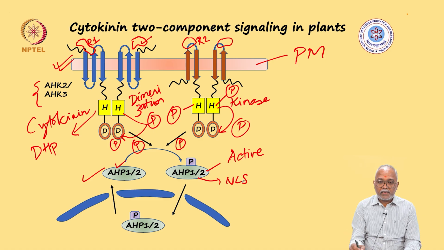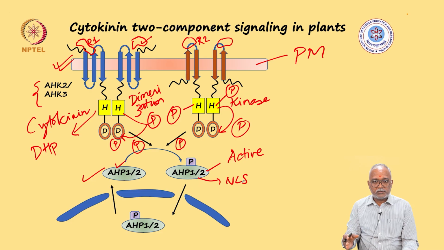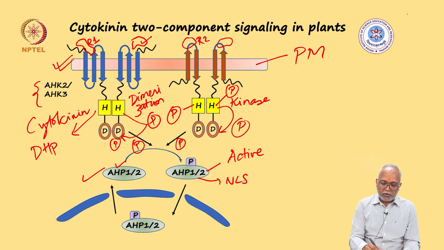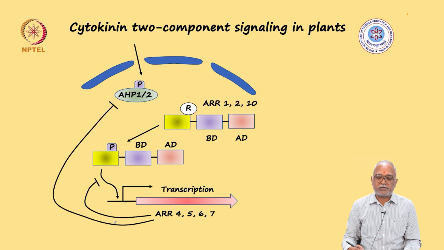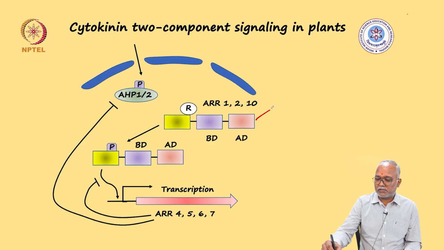But the signaling does not finish here by virtue of the histidine phosphotransferase moving into the nucleus, because you remember that signaling moves from histidine to aspartate, aspartate to histidine, and the final response regulator or master regulator must receive this phosphate to culminate the signaling process. So your histidine phosphotransferase has moved inside, and then it will look for something which is present over there. What is exactly present over there is this master regulator.